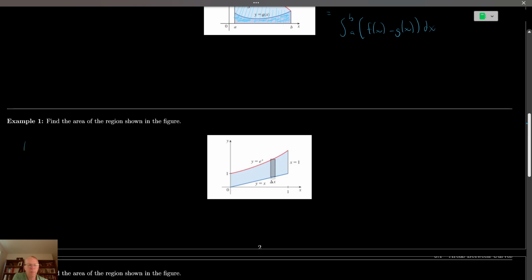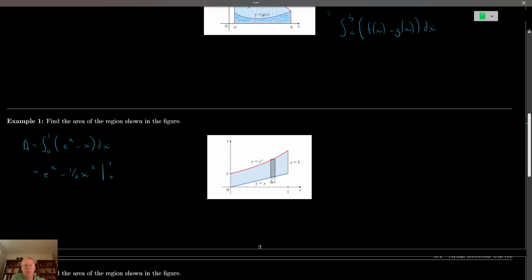That is just going to be, and we'll use A for this, the integral from 0 to 1. Our top function is e to the x and our bottom function is just x, and then we integrate this. The integrating will be pretty easy, and we're not going to do anything too complex, so I won't spend too much time on that. We're still at the beginning of this course.